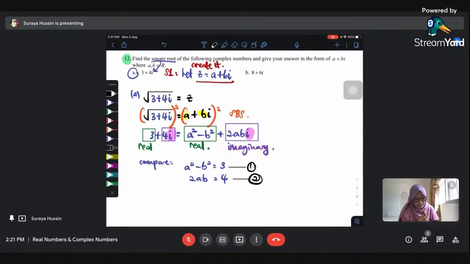Simultaneous equation dekat sini, cara yang mudah untuk this question is you let one of it. You let B lah.